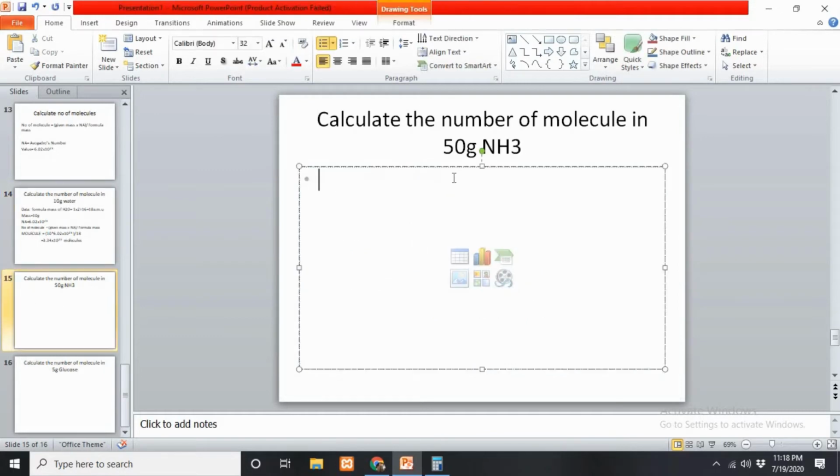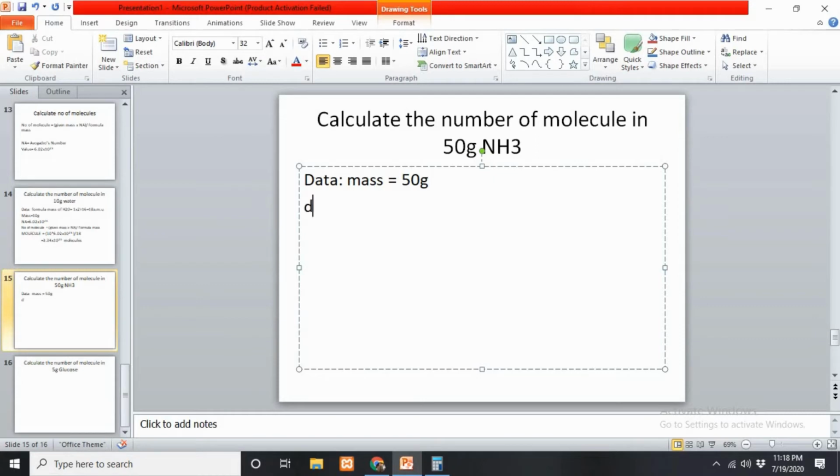The next question in our list is: calculate the number of molecules in 50 gram NH3. First you have to create the data and write the mass is equal to 50 gram.